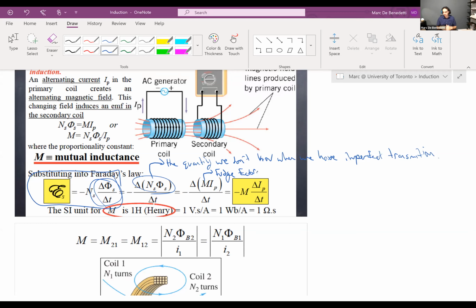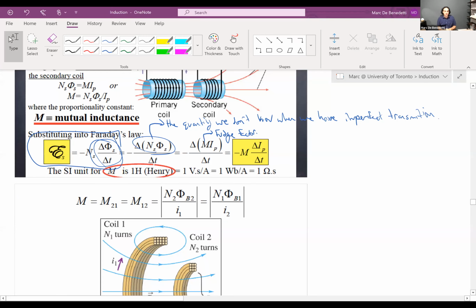You have to just set up your specific coils with your specific orientation, with your specific experiment, and then specifically measure what the M value would be. And that's the only way to account for all of the many possible imperfect transmissions of flux between these two coils.